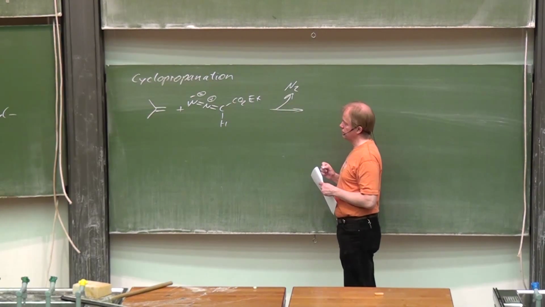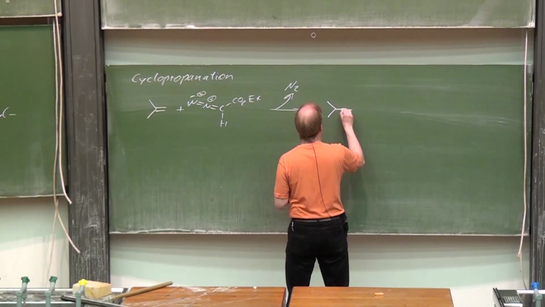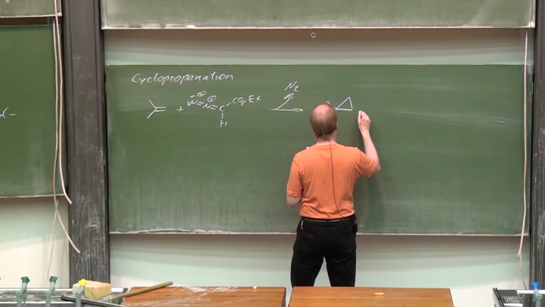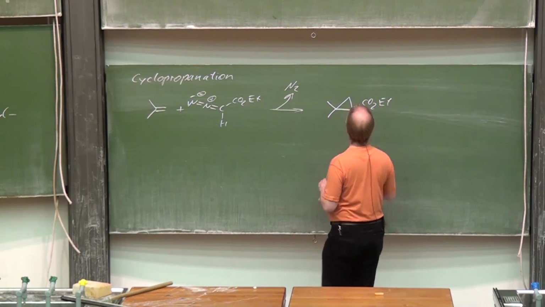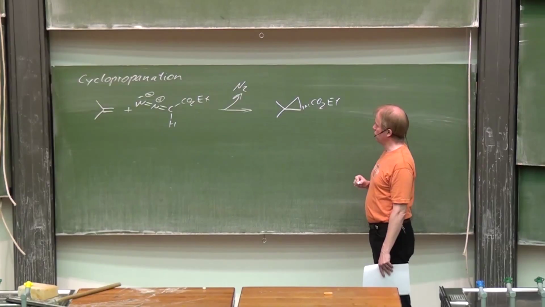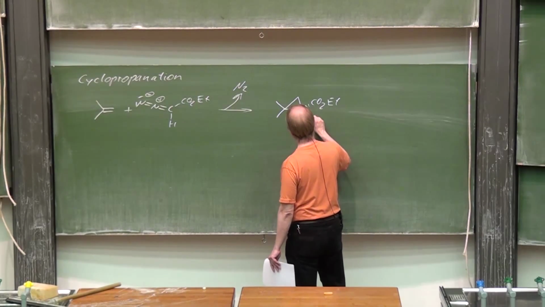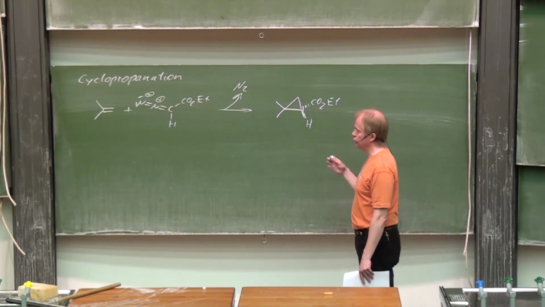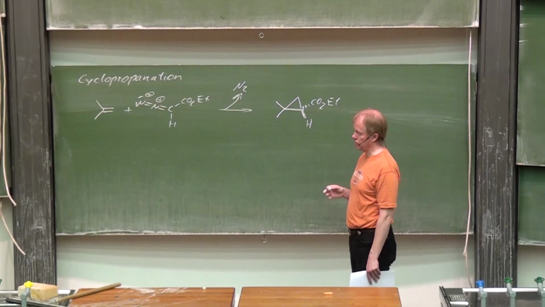elemental nitrogen is eliminated, and you get the cyclopropanation reaction. You can do that with this type of chiral rhodium complex.